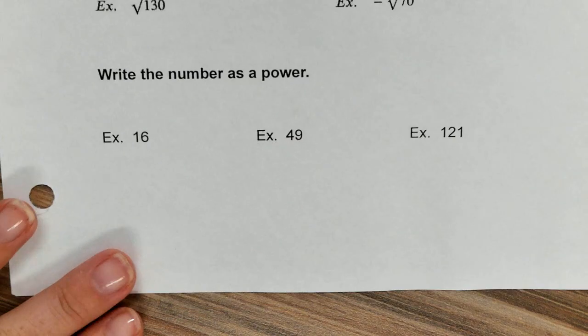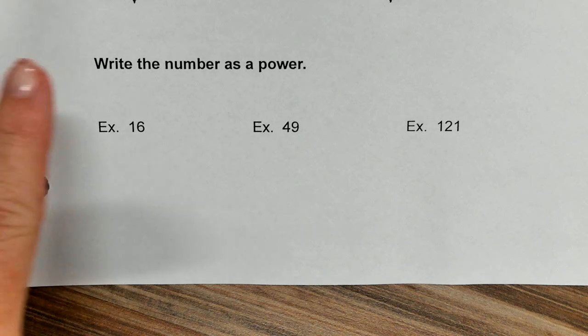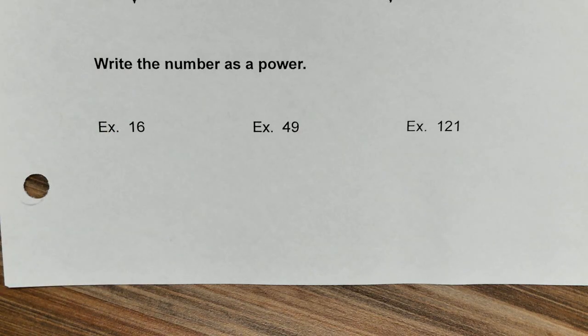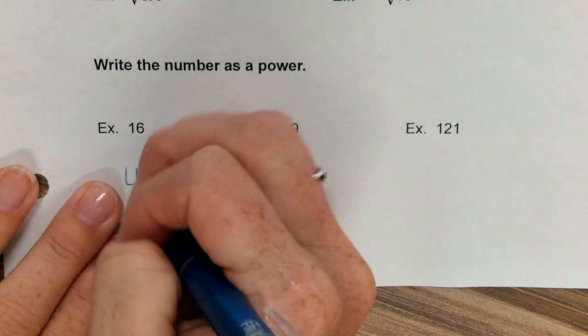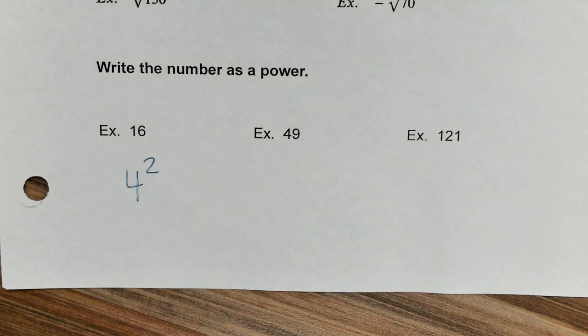All right, next part. Write the number as a power. What's a power? It's called an exponent. So how could I write 16 as an exponent? I need a base number and an exponent. 4 squared. How do I know that? Because 4 times 4 is? 16. So is this number written as a power?